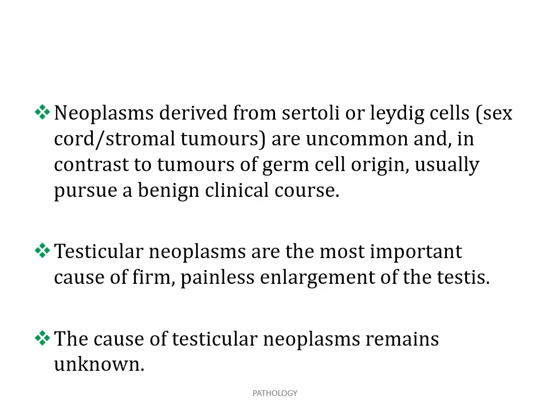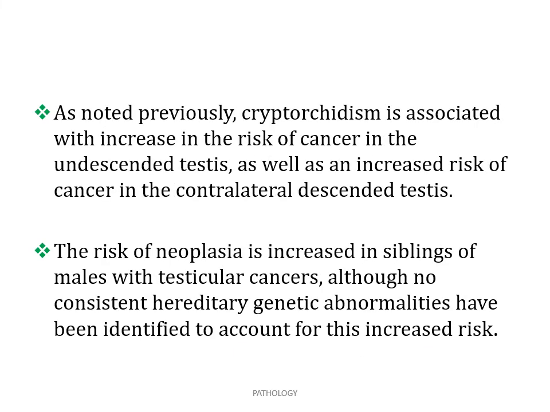The cause of neoplasia, of course, remains unknown. As noted previously, an undescended testis, which is cryptorchidism, is associated with an increased risk of malignancy. I explained the reason behind it is that the testes, which produce sperm, function at 2 degrees centigrade below body temperature. So when you leave them within the peritoneum, where the body temperature is 36 up to 37, they are likely to become malignant.